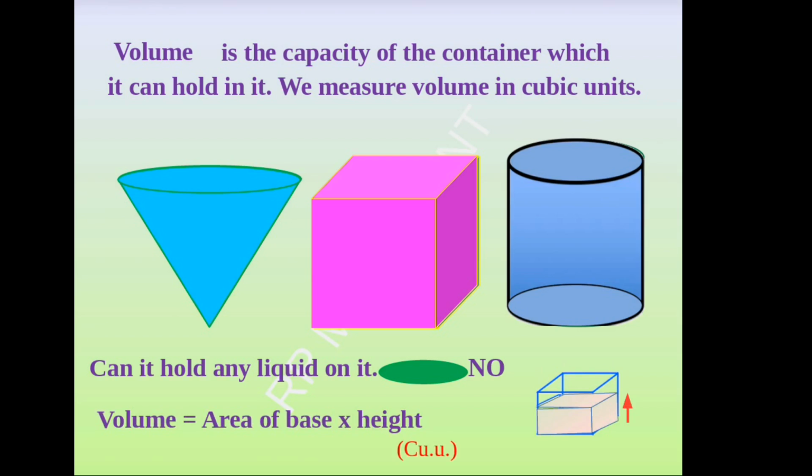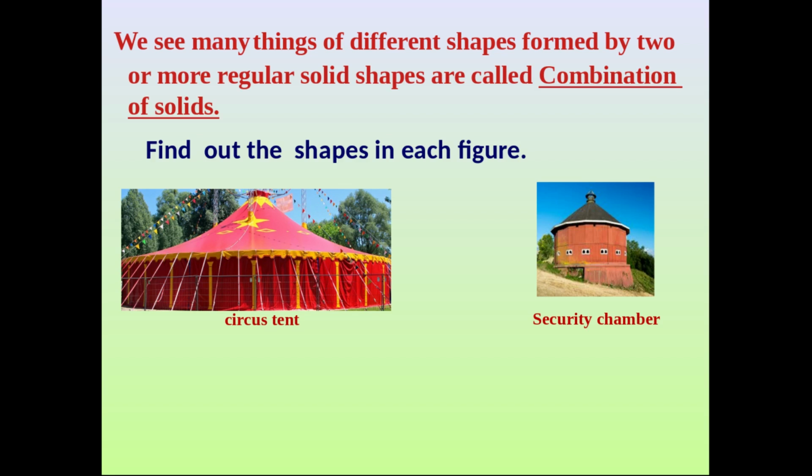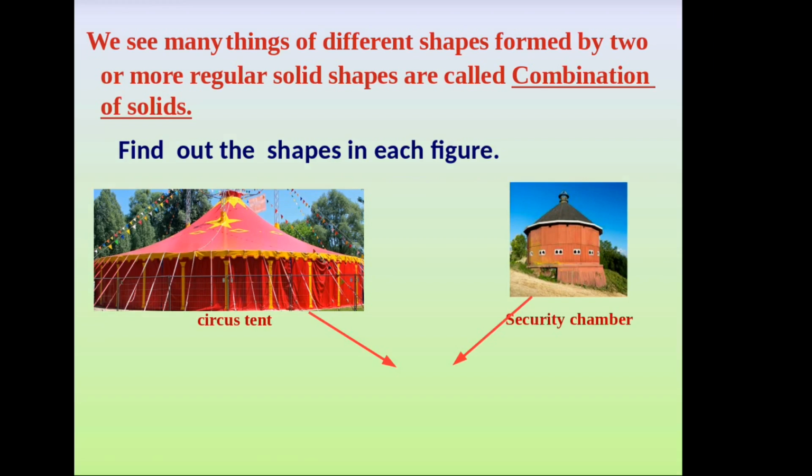Cubic units. Many things of different shapes formed by two or more regular solid shapes are called combination of solids. Find out the shapes in each figure. Circus tent, security chamber: both of these involve cylinder and cone shapes.